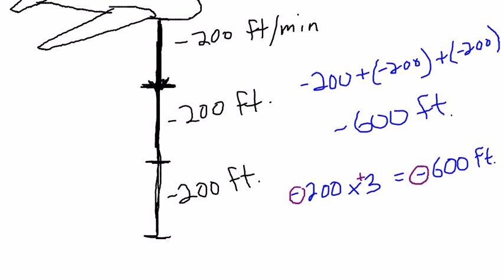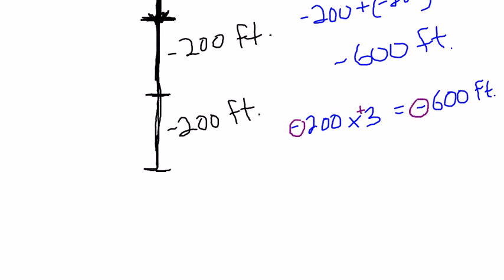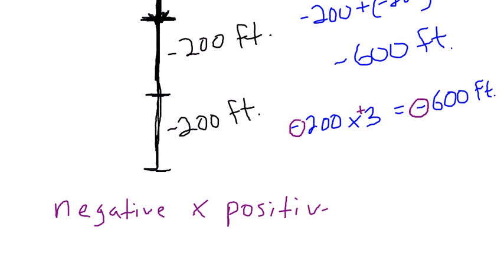Which brings us to our first rule of multiplying integers. A negative times a positive equals a negative.